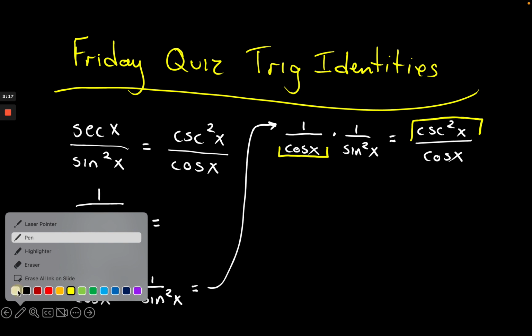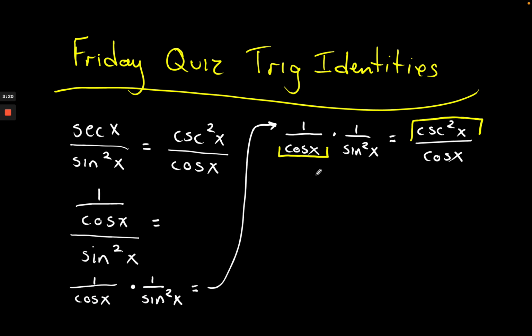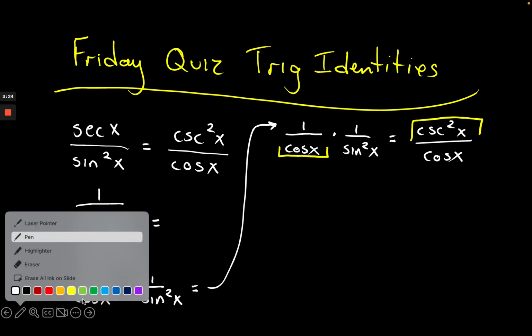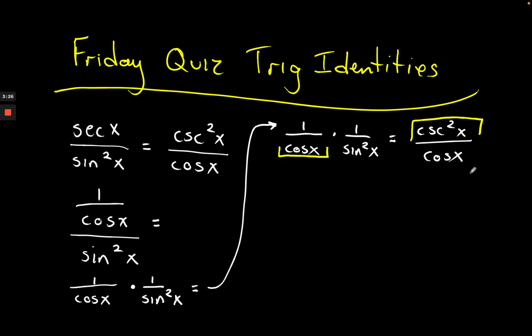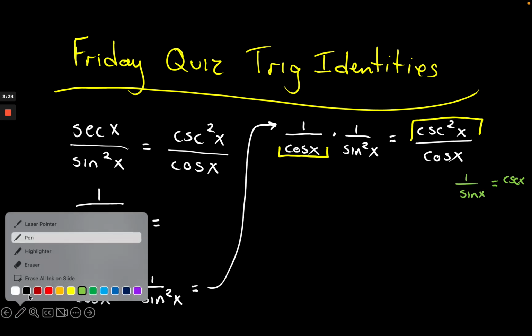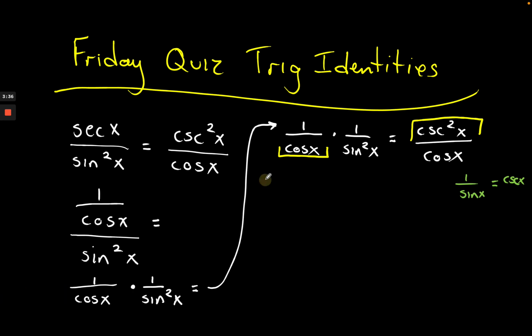Well, that's one of our identities: 1 over sine is equal to cosecant. So we're going to rewrite this as 1 over cosine x times cosecant squared x because of that identity.